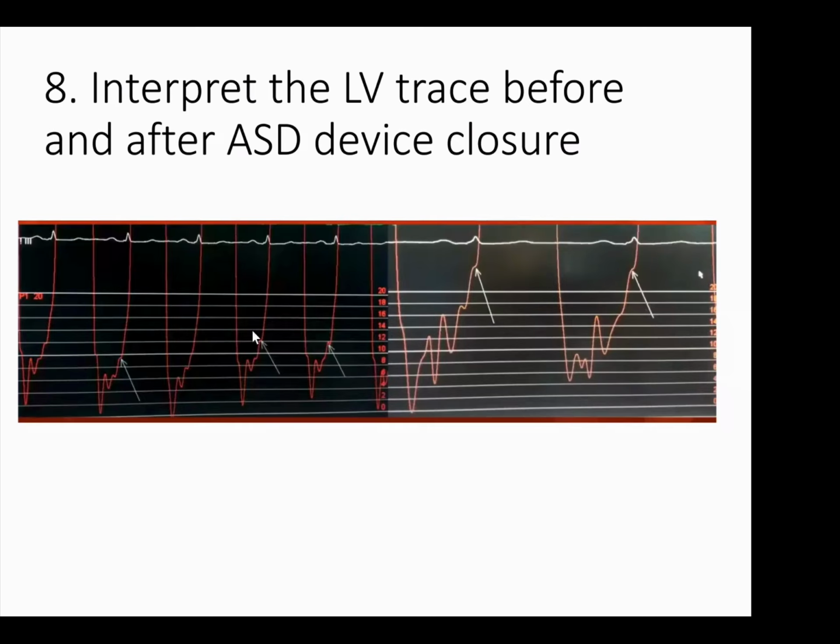So RA pressure, LA pressure, and the LV end diastolic pressure all will be 12. In other words, even if you have not entered into the LV, you are just measuring the RA pressure and your RA pressure is more than 8. RA mean pressure is coming 8, 9, 10, 11, 12.